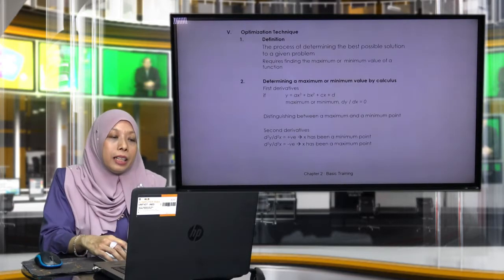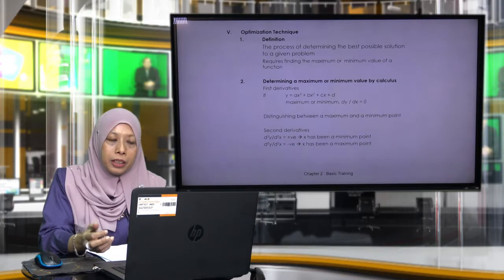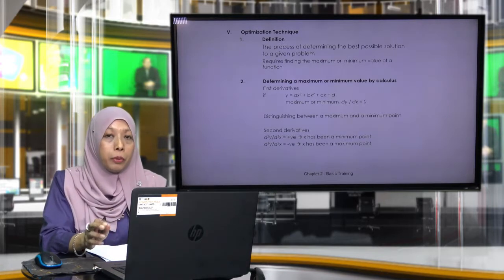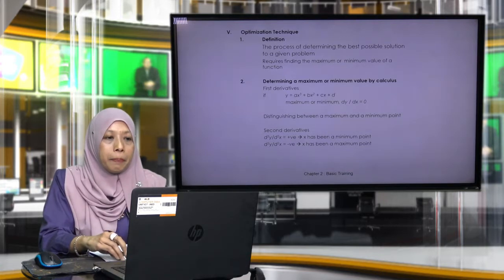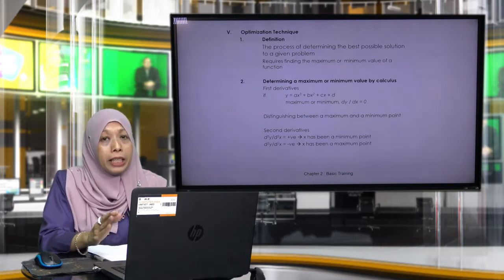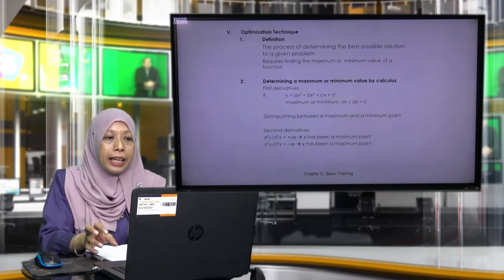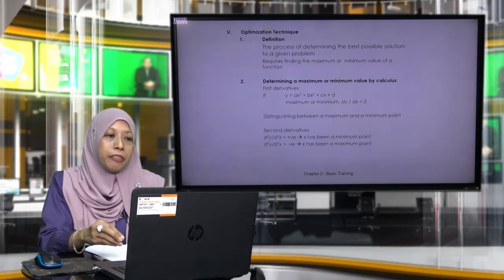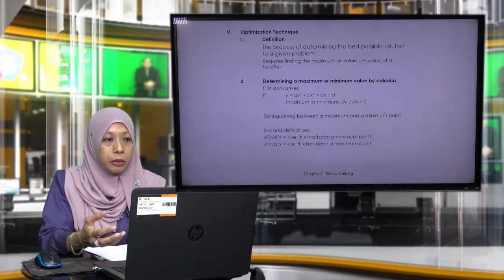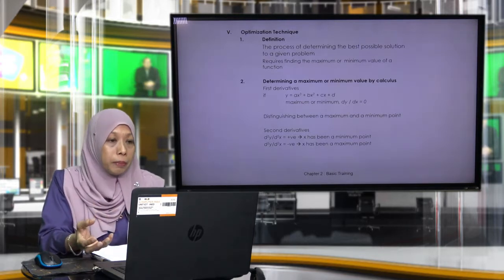If you are able to understand all these 4 calculus techniques, then you shouldn't be having any problems. The next technique that we're going to look at today would be the optimization technique. Now remember, in managerial economics, our main aim is to find the best possible solution, and this coincides with the calculus technique, which is optimization. So what is actually optimization?